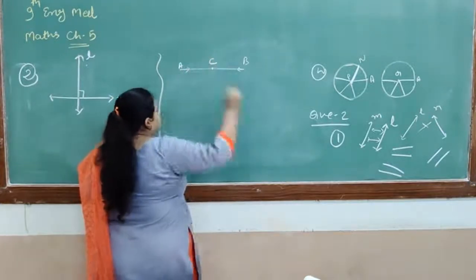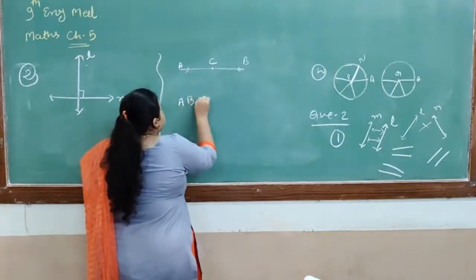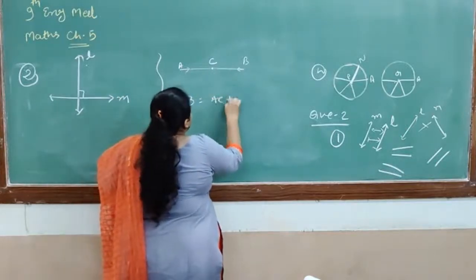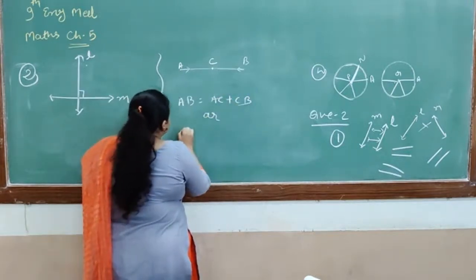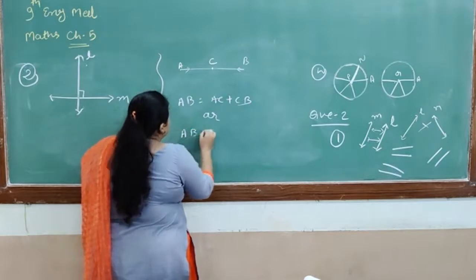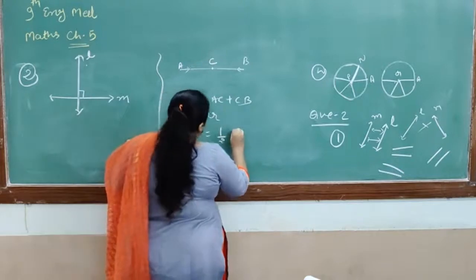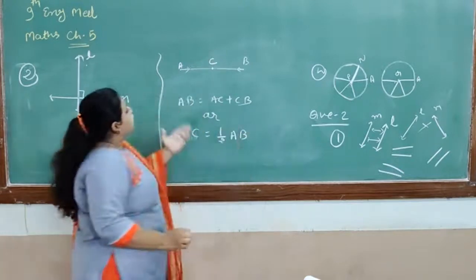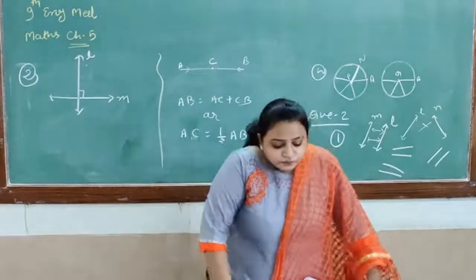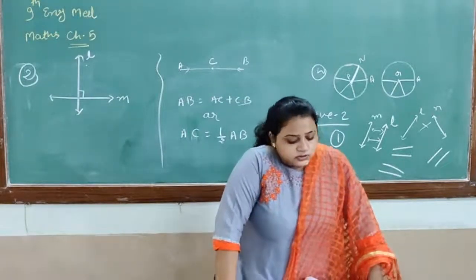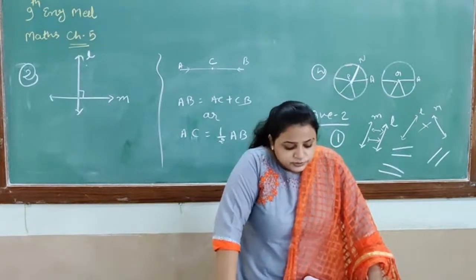Let us give the name C. Now you see that AB equals AC plus CB, or we can say that AC equals 1/2 AB. So this way we can say that yes, it is right. Only one and only one midpoint. Every line has only one midpoint.